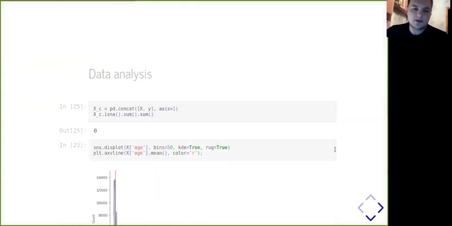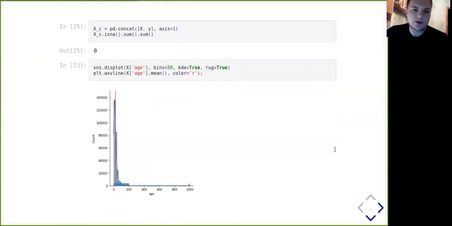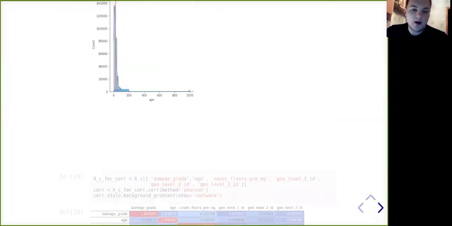Next, we provided some data analysis. At first we checked out the number of NaN values in our data set. As you can see, there are 0 NaNs. Next, we displayed the distribution of ages of the houses. As you can see, most of them are below 60 years old.